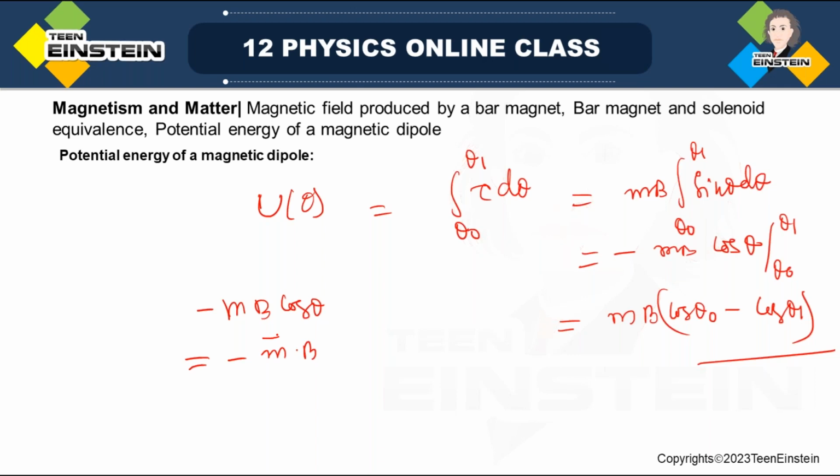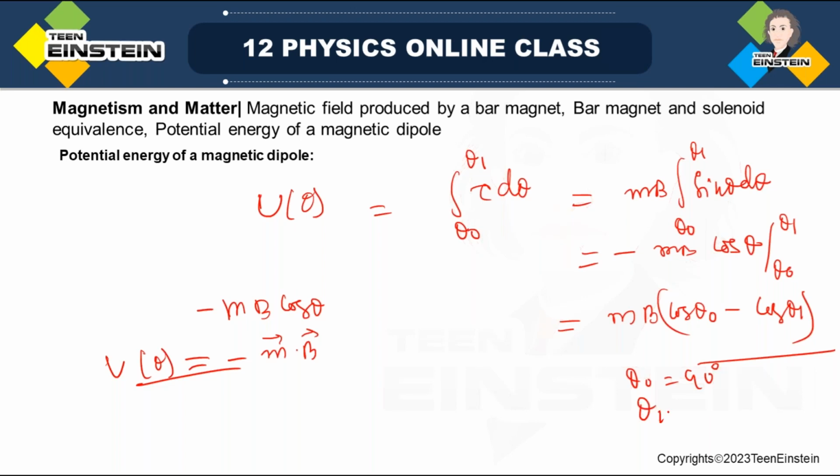So U of theta. I think this is not required here. Regarding the limits, theta 0 is 90 degrees, and this is the reference where the potential energy is 0, and theta 1 is any theta.